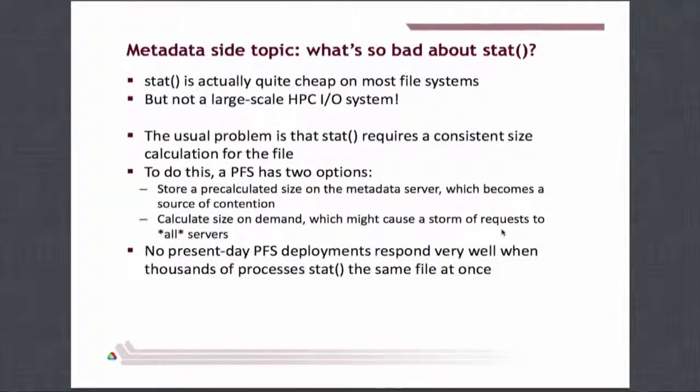But that means that if you have 40,000 people call stat, it's going to contact all the servers to calculate on the fly what the size is. It's going to keep doing that over and over again. So, of course, file systems can do things to mitigate these. You can do some caching, maybe, play some games with semantics. But if you can simply limit the number of stats that your application does, the file system doesn't have to work so hard.